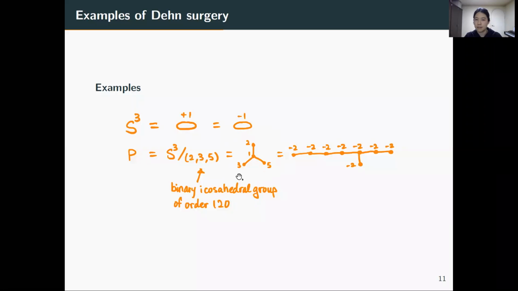So here I drew a graph, and this graph should be thought of as representing a link with 4 components. Each vertex represents an unknot, and whenever 2 vertices are connected by an edge, we link these unknot components in the simplest possible way.